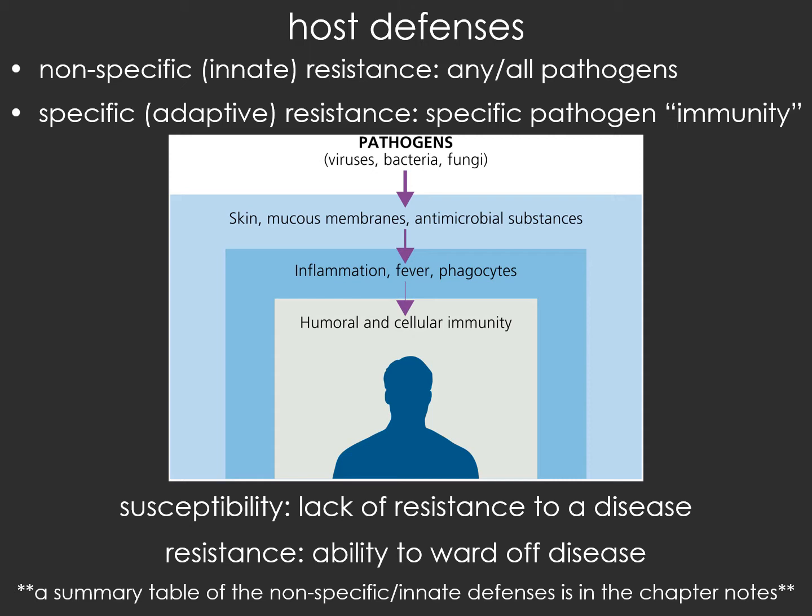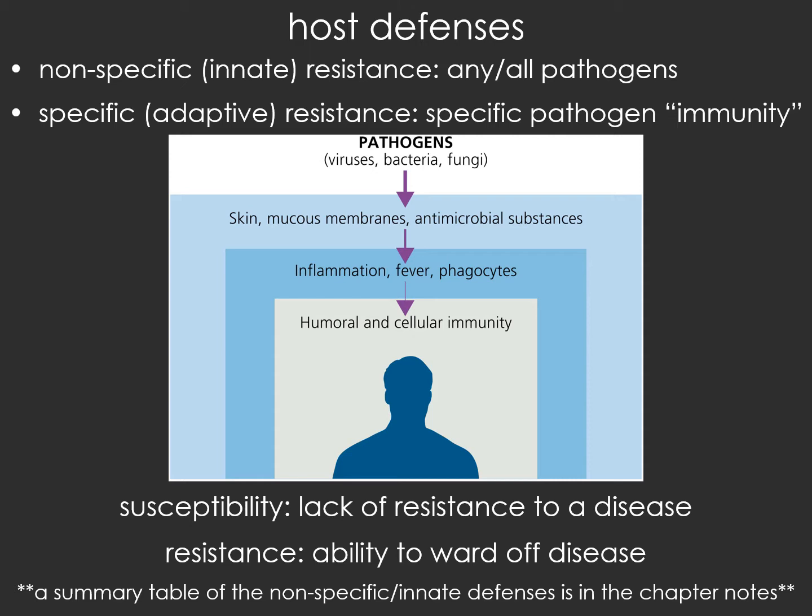Non-specific resistance describes the aspect of this resistance which is targeted at any pathogen that might come into contact with the body. The innate resistance highlights the fact that these are defenses that we are born with, fully functional, fully capable, and ready to defend against any pathogen.